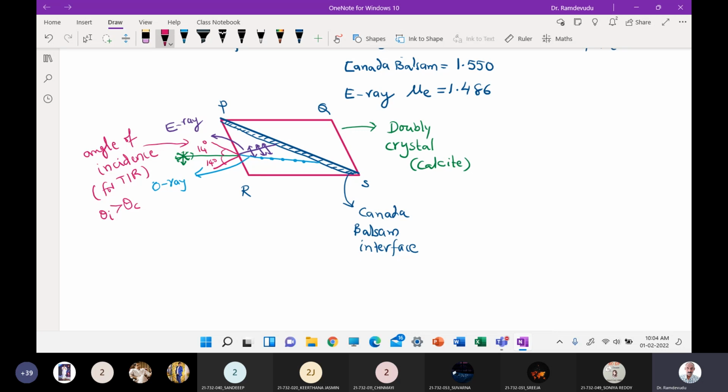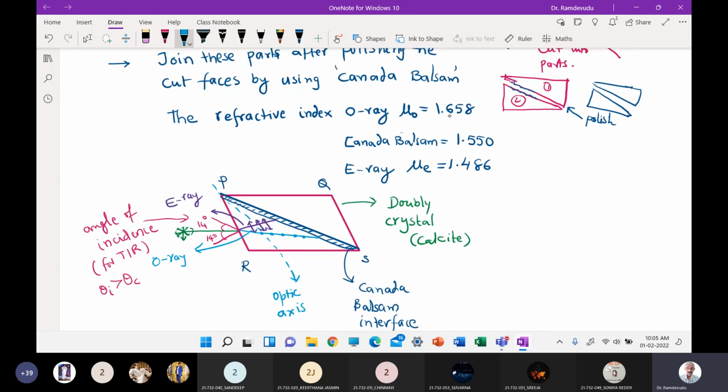Now I also show here the optic axis will be somewhere here so that their velocities are different. This is the optic axis of the crystal. Now what happens? This ordinary ray is moving from the calcite, which has a high refractive index for the ordinary ray, to a low refractive index.